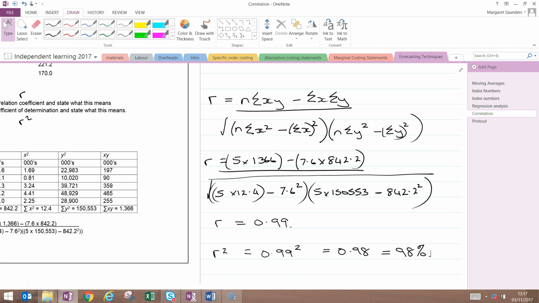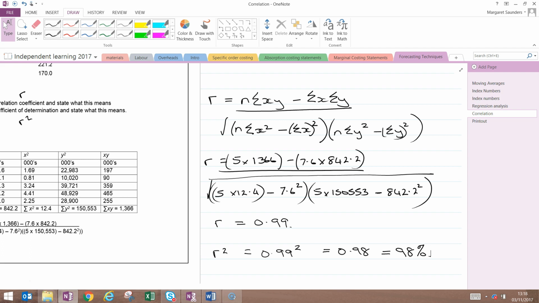The other 2% of changes in sales are caused by other factors. That is as we would expect, given that r calculated to 0.99, indicating a very strong relationship between advertising and sales. So we would expect that the changes in our sales are, on the whole, due to the changes in the advertising.